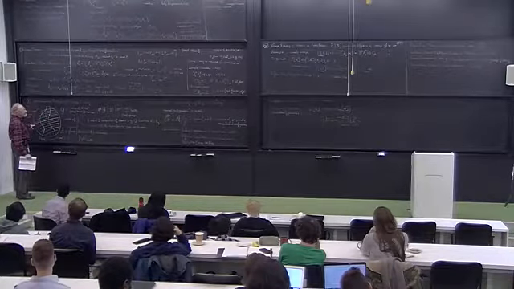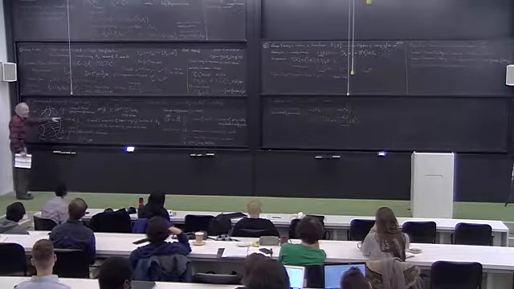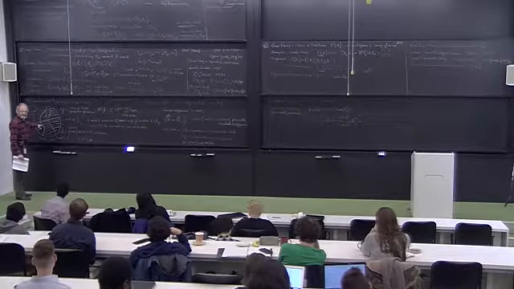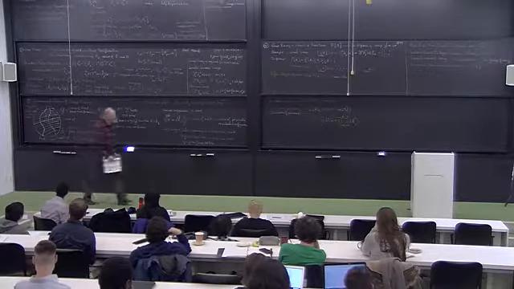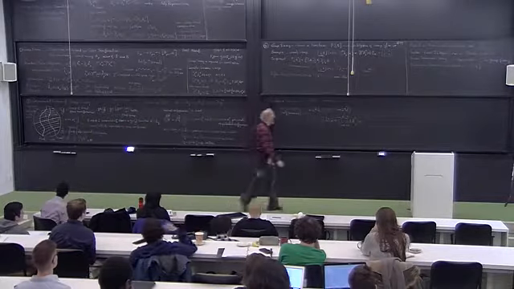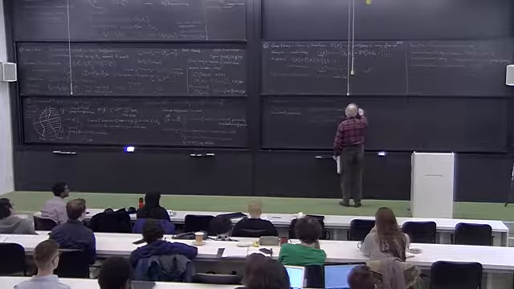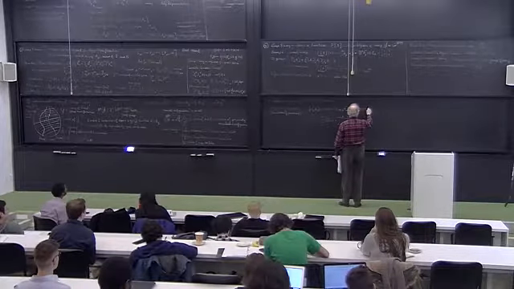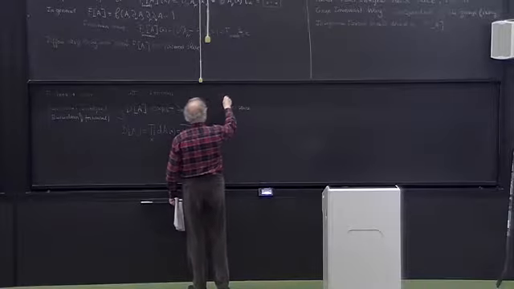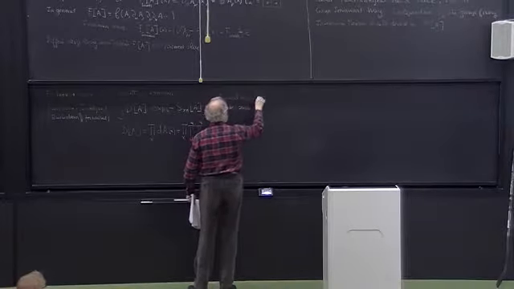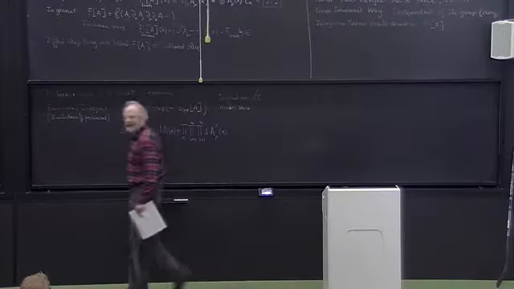The weight exponential of minus action is constant under orbits. Okay, so this integral is finite, up to the point that it makes sense. So it's an integral over A, the space of all gauge field configurations.